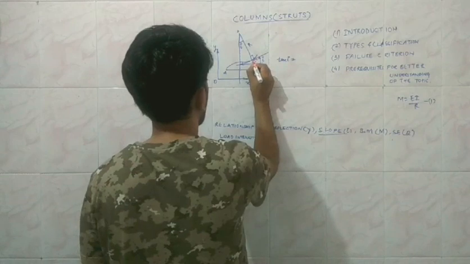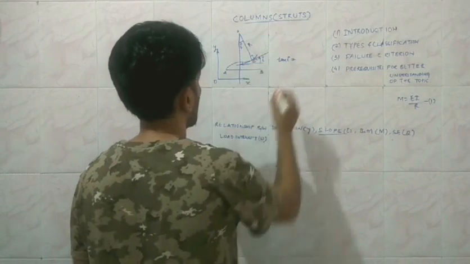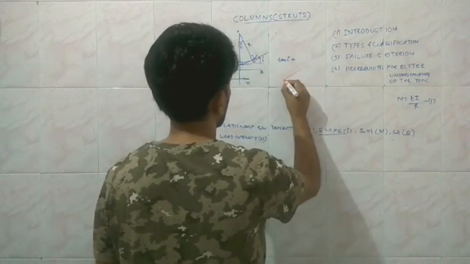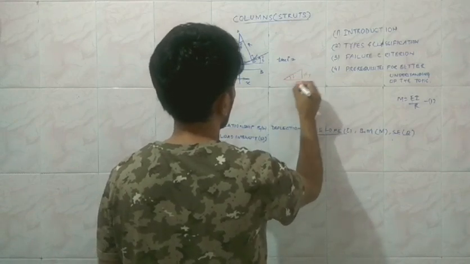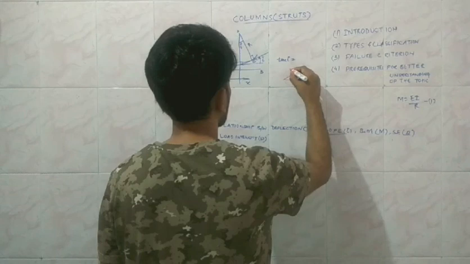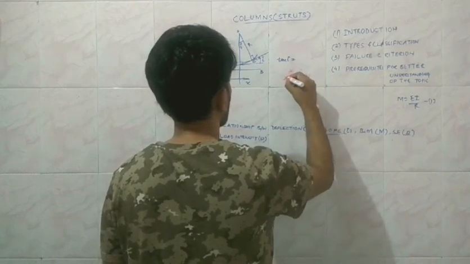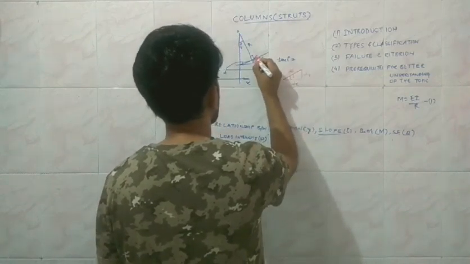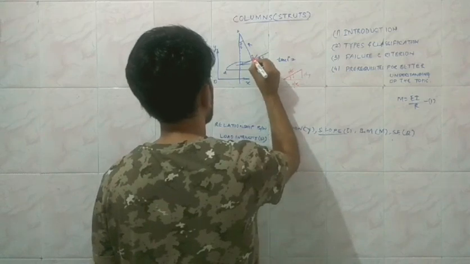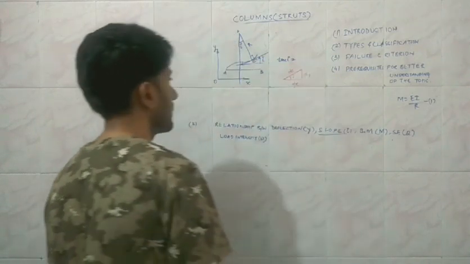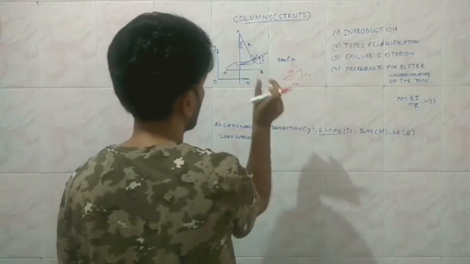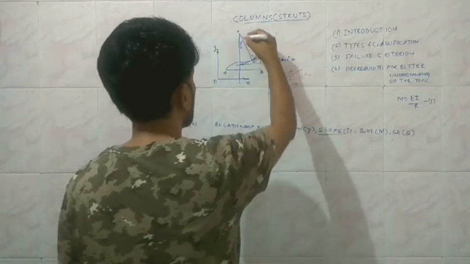This is dy and this is your dx. If I enlarge it a little, this is i, this is dy, this is dx, and this is your ds. ds is the arc length actually, and the arc length and the straight line are almost the same because we are considering a differential amount.